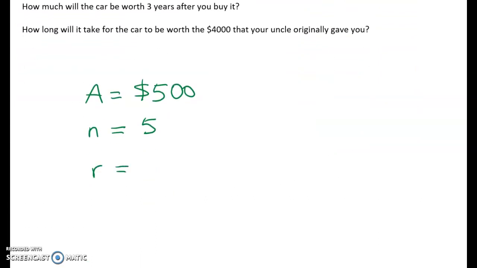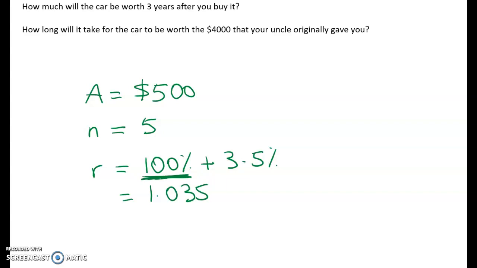So that means that the growth rate that we're using will be 100% plus 3.5%, and that equals 1.035. Now, the 100% is saying that we take what we had and then we increase it by 3.5%.